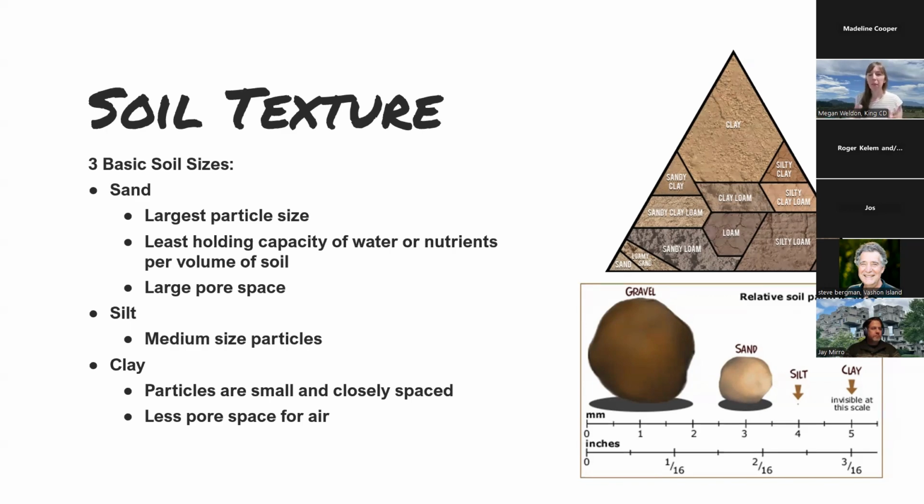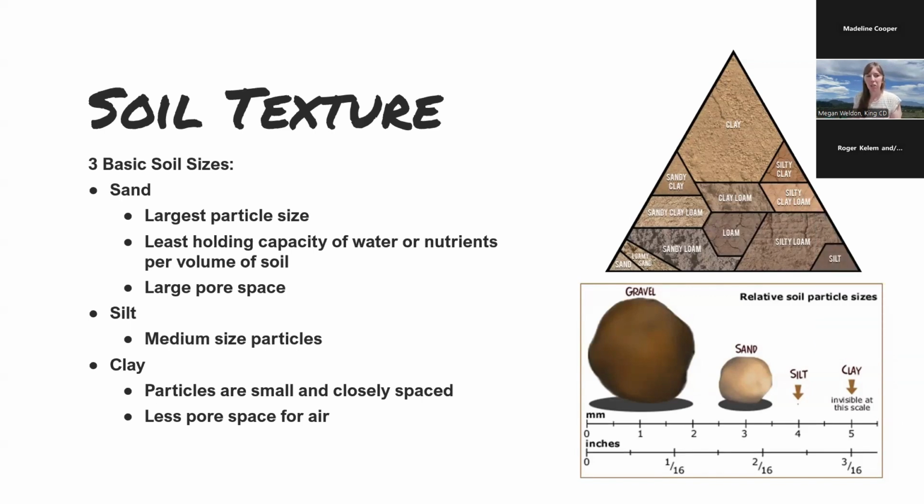Loam is that mixture of different texture sizes. So you've got a mixture of sand, silt, and clay. So that's just kind of the term for that. And loam is that ideal soil type that we could all have if we had a choice, because it's the most productive soil, and it'll make sense hopefully a little bit more after we explain a little bit more about soil properties, about why that is.